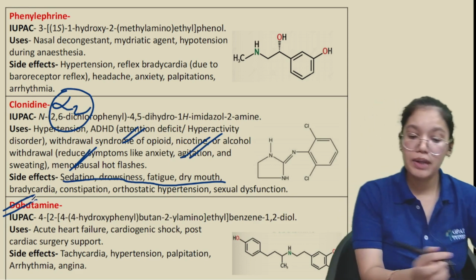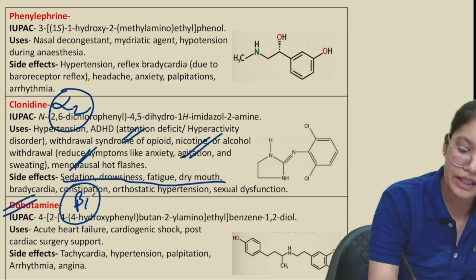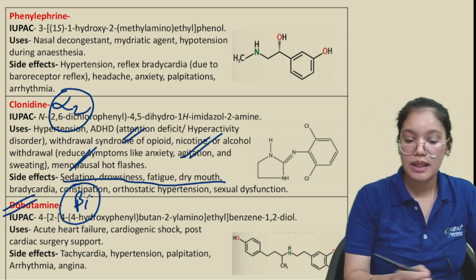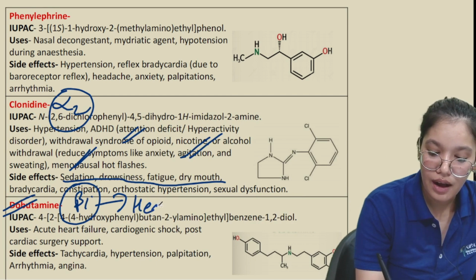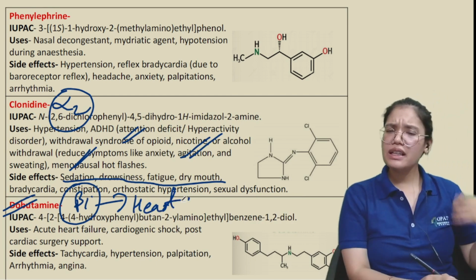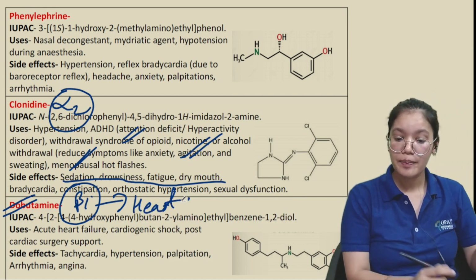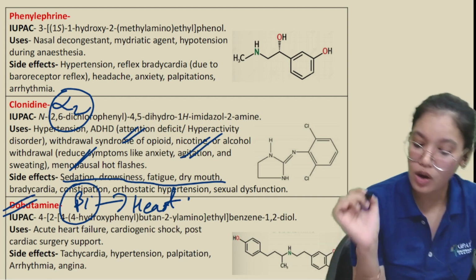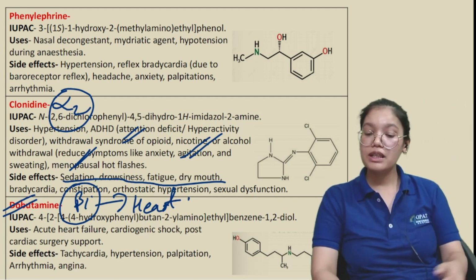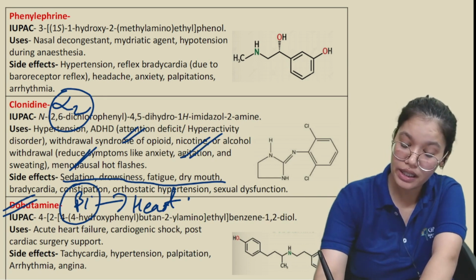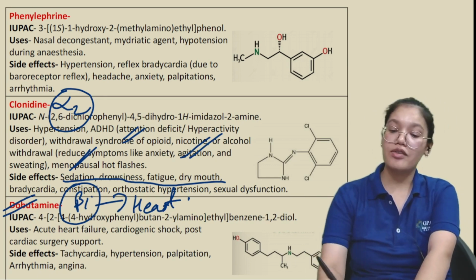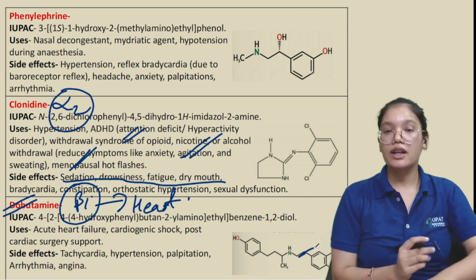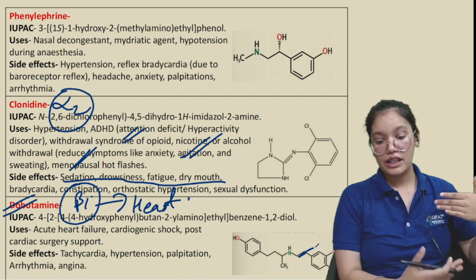Now dobutamine is a beta-1 selective drug. Beta-1 receptors are present in the heart, so basically its action will also be in the heart. If we talk about its structure, it is a catecholamine, so it contains a catechol ring. Then we have the ethyl bridge that is attached to the NH.